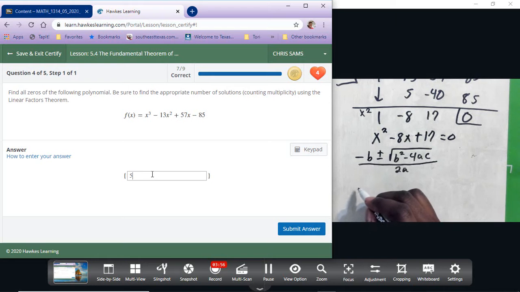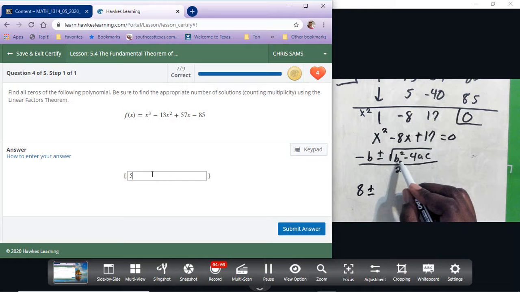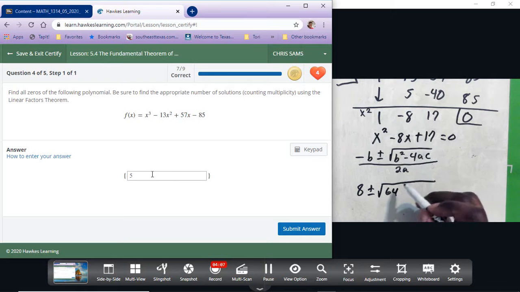When we plug it in here, we'll get a positive 8, plus or minus the square root of b squared, so negative 8 squared will give us 64, minus 4 times a, which is 1, times c, which is 17, all divided by 2a.